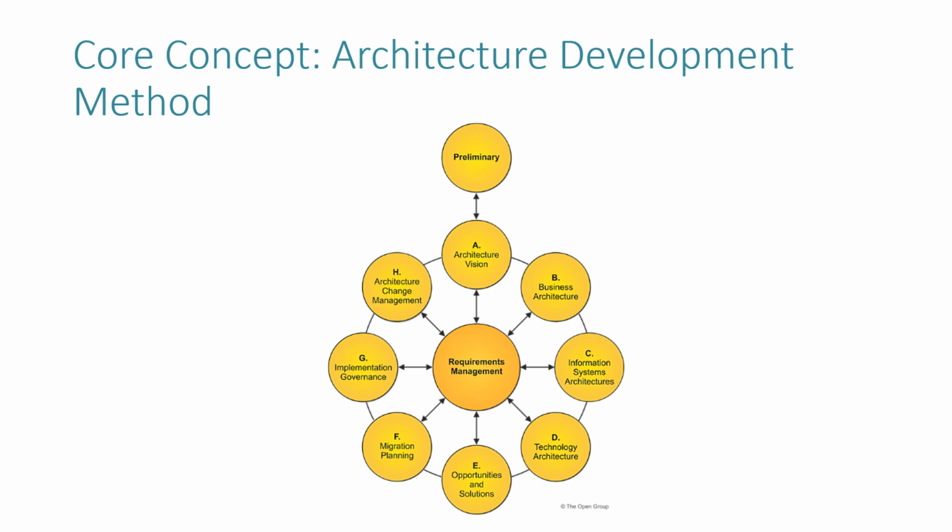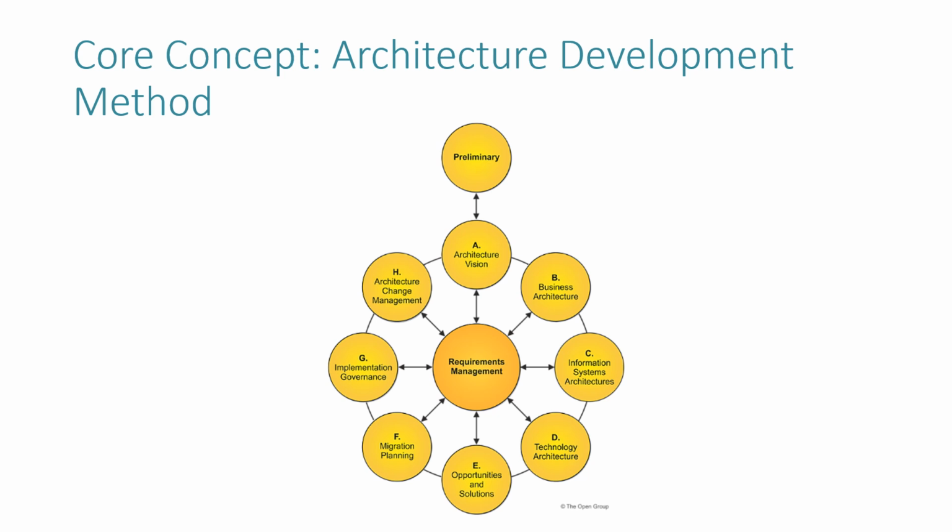Phase G is implementation governance. So once our plan is ready, there can be multiple projects getting initiated to implement those packages, and in implementation governance the enterprise architects provide architectural oversight to the implementation teams. Phase H is architecture change management, which establishes the processes for managing changes to the new architecture.